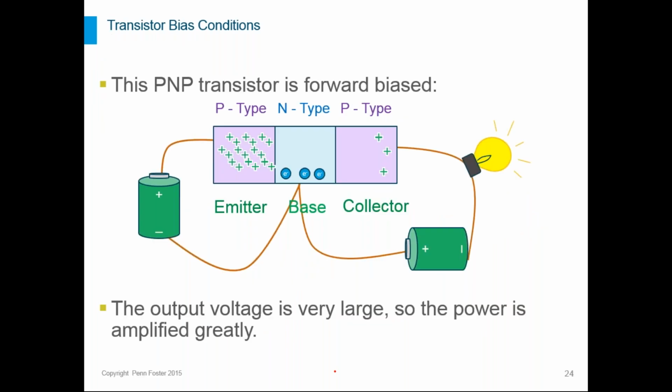So to reiterate this one more time, for a PNP transistor to be forward biased, it needs two voltage sources. On one, the emitter is connected to the positive terminal, like this. You have the emitter and the positive, and this wire goes between them.